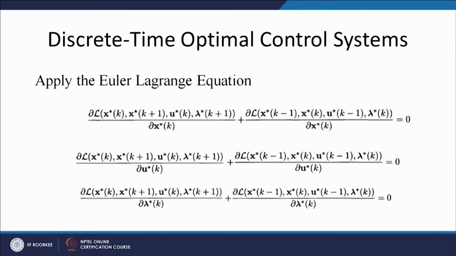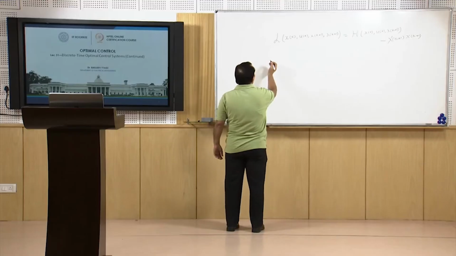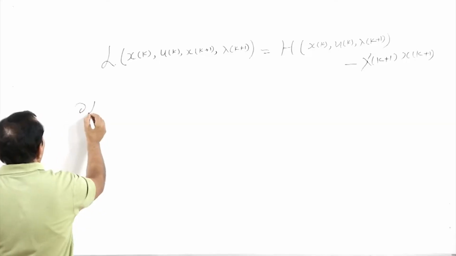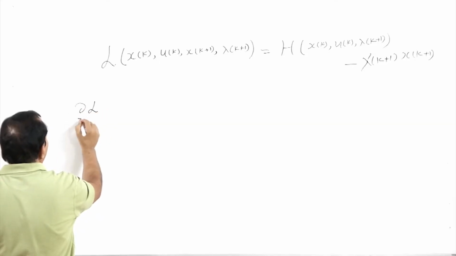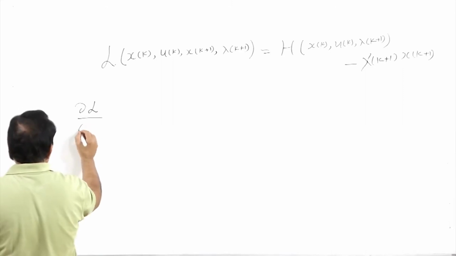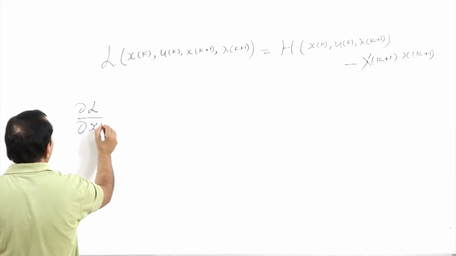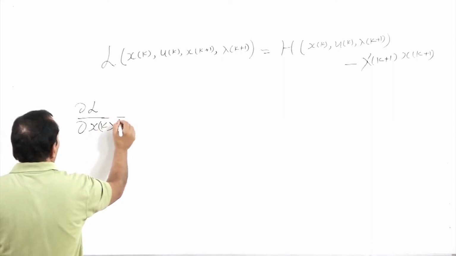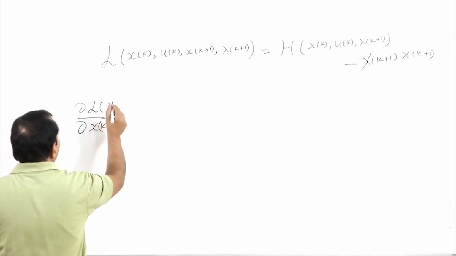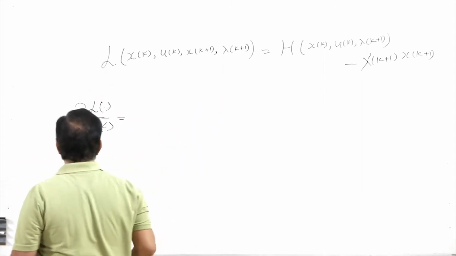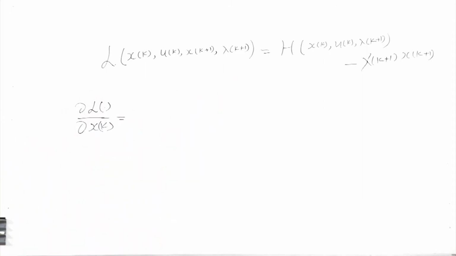So, my first equation is del L by del x star of k. So, what you will get by this first term, where L we are taking this with x of k.